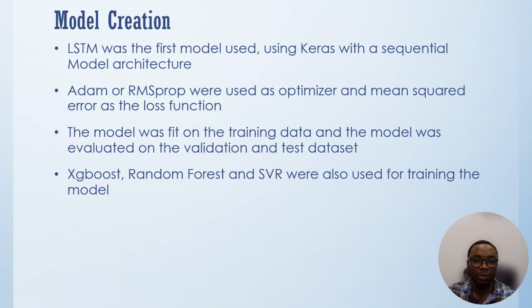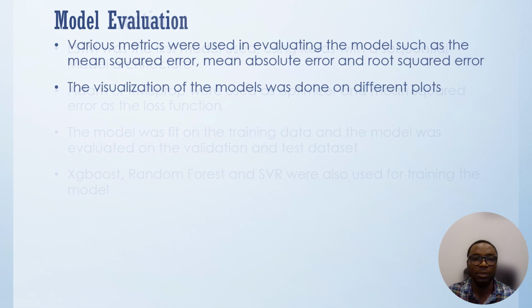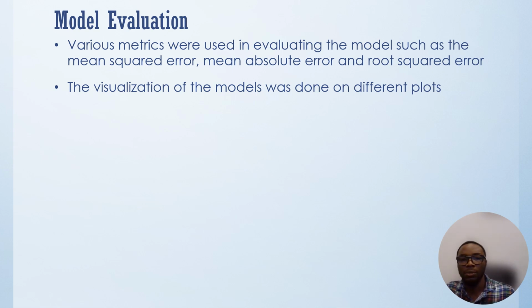After we've done all this, we're going to use other models like XGBoost, Random Forest, and SVR to train the model. The metrics we're going to use to evaluate the models are mean squared error, mean absolute error, and root mean squared error.